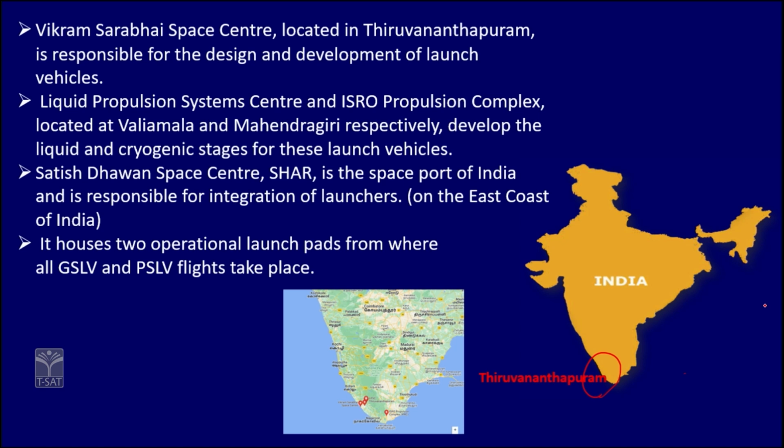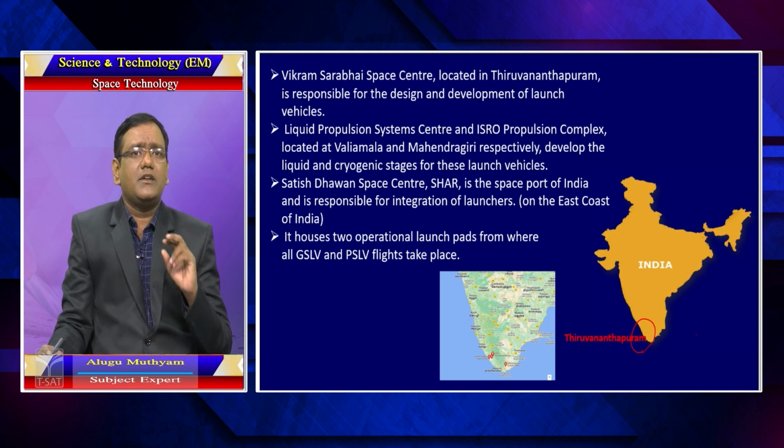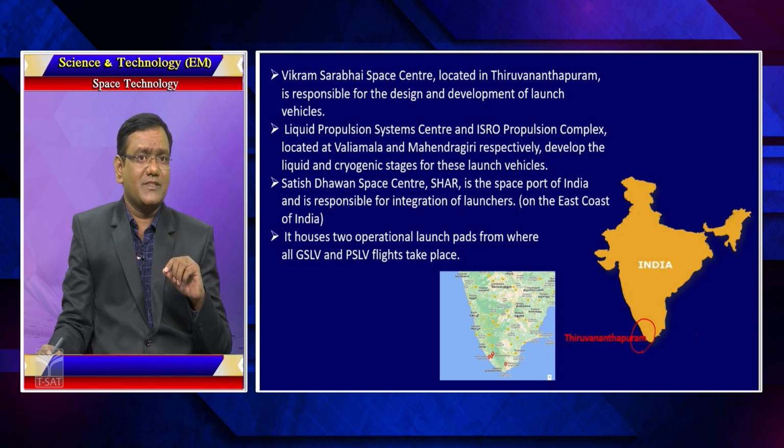These two develop the liquid and cryogenic stages for these launch vehicles. So for the launch vehicles, the fuel comes from these two places. In Valiamala we have liquid propulsion systems, and in Mahendragiri we have the propulsion complex, therefore the cryogenic stage.